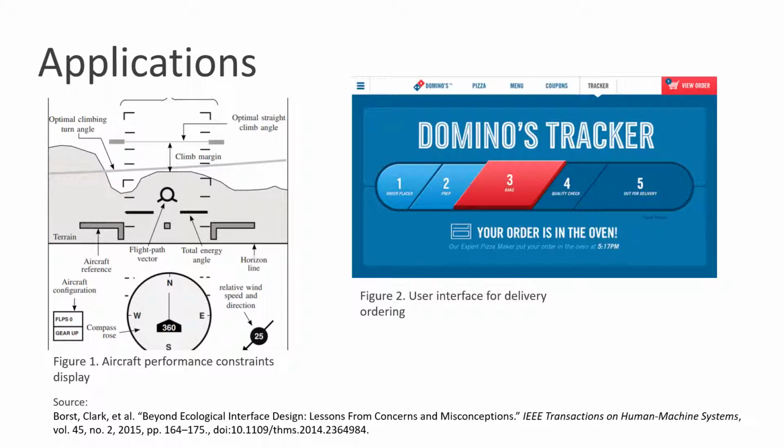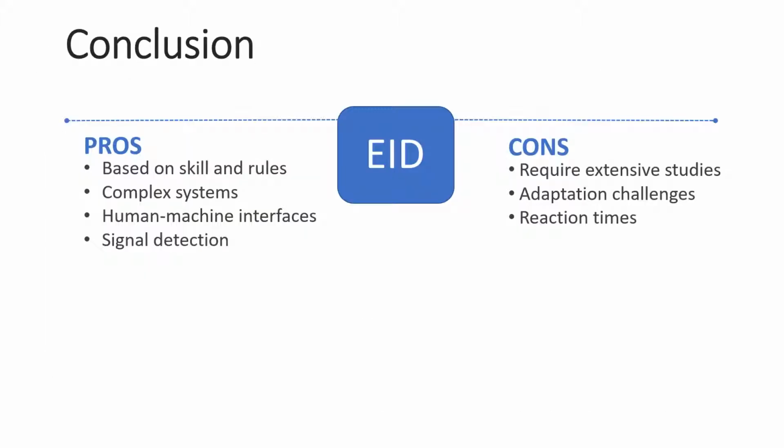Because of the way the displays work, they help the user focus in on specific parts and make the decision making and response selection process shorter. Therefore, the interface is helping the user work through their short-term memory while also relying on their long-term memory to make well-rounded decisions. So I hope I have provided you with a good overview on ecological interface design.